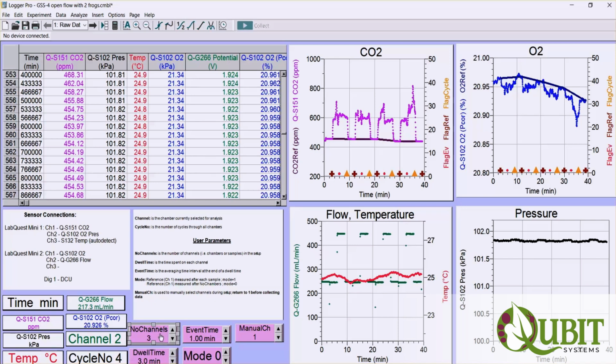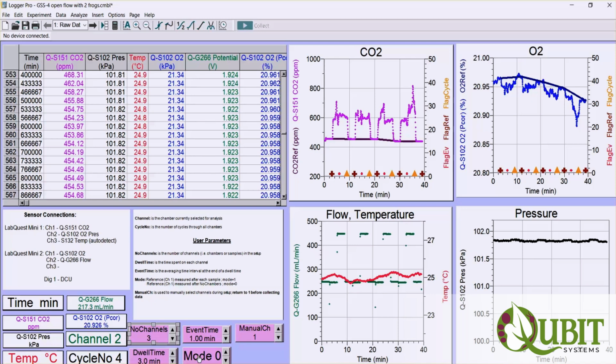The second parameter that has to be set before you start your experiment, of course, is the mode. We've discussed that before, but briefly, this experiment was done with mode 0. Mode 0 is when reference is measured at the beginning of each cycle and after the last channel is measured. So in this case, reference channel 1 is measured first, then channel 2, 3, 4, and so on, and back to reference.